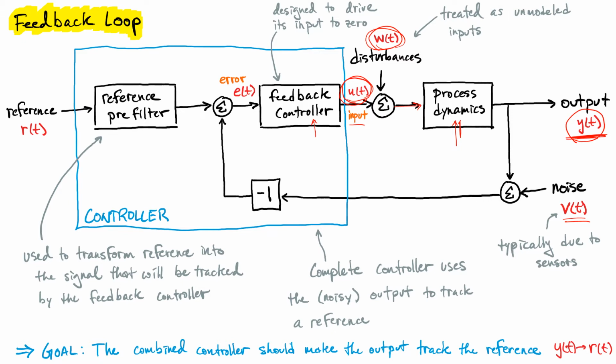So now we're all about how we're going to design this feedback controller. And the way that we're going to do this is, if you think back to our cruise control example, we have some desired reference that we'd like our system, meaning our output, to look like. So if we specify that this should be 70 miles an hour, we want y of t to become 70 miles an hour.